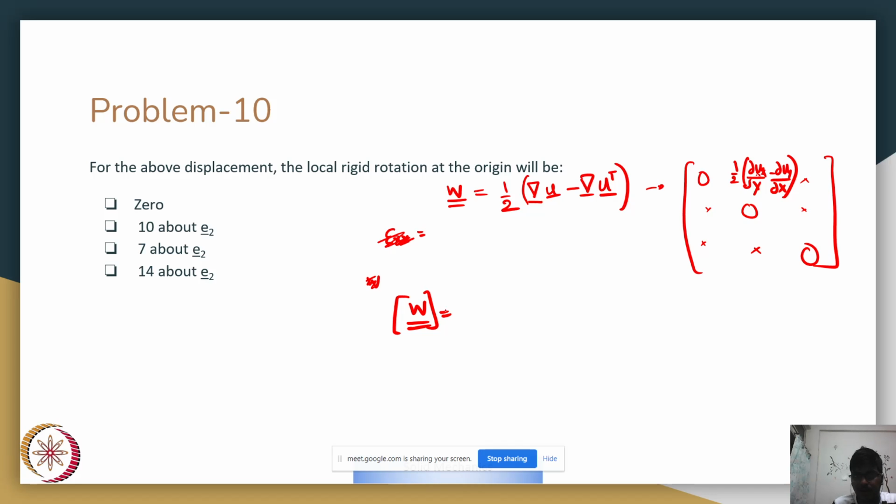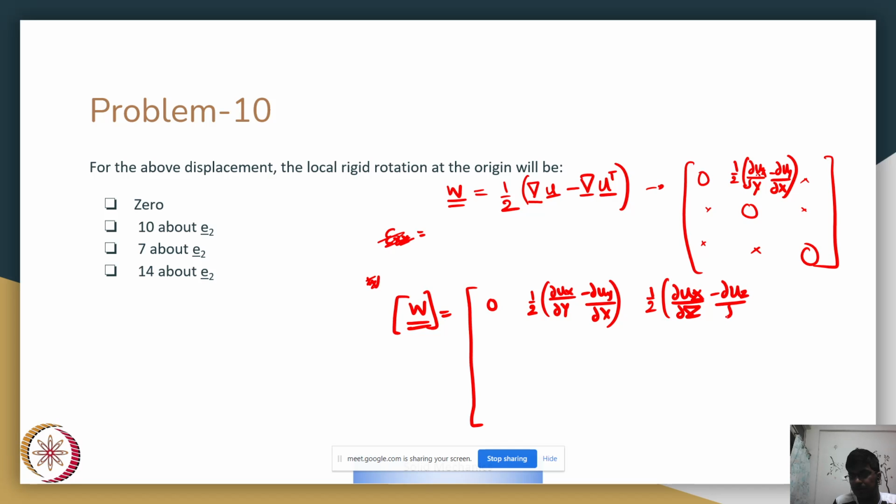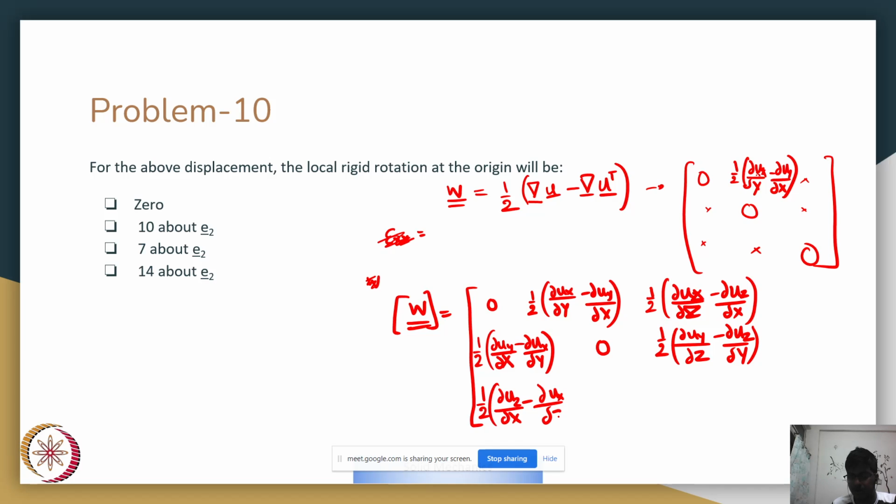Local rigid rotation written in matrix form would be: 0, half of dou ux by dou y minus dou uy by dou x, half of dou ux by dou z minus dou uz by dou x; half of dou uy by dou x minus dou ux by dou y, 0, half of dou uy by dou z minus dou uz by dou y; half of dou uz by dou x minus dou ux by dou z, half of dou uz by dou y minus dou uy by dou z, 0.